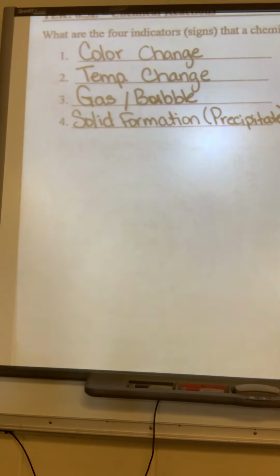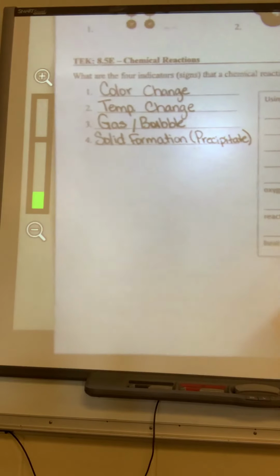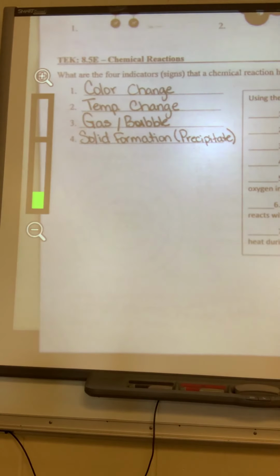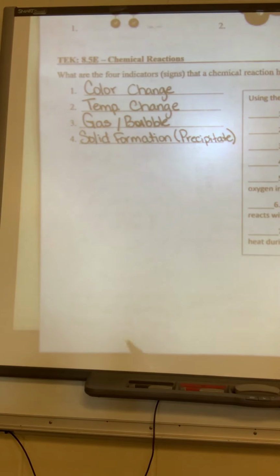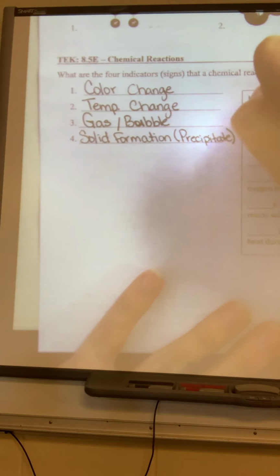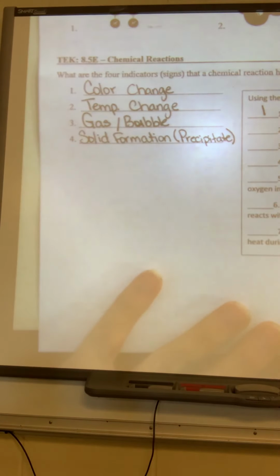Okay, precipitate. All right, so then I'm just going to kind of read through these, and we're going to put 1, 2, 3, or 4 next to it. All right. Apple turns brown after reacting with oxygen in the air. What is it? 1. Why? Because it changed color. Okay. Mixing vinegar and baking soda causes bubbles. What number? 3. Good. Mixing milk and vinegar making curds. 4.